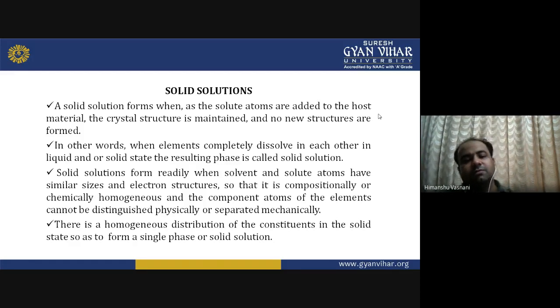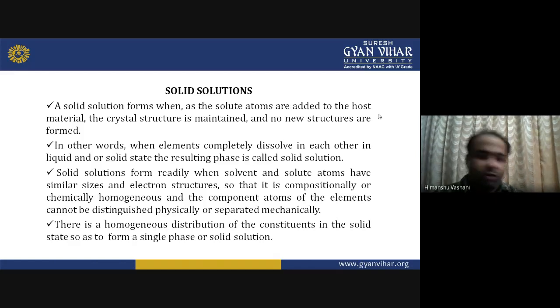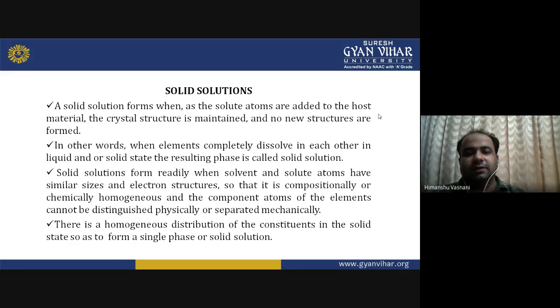Solid solutions form readily when solvent and solute atoms have similar size and electron structures.